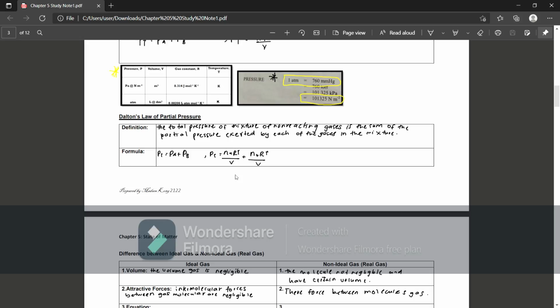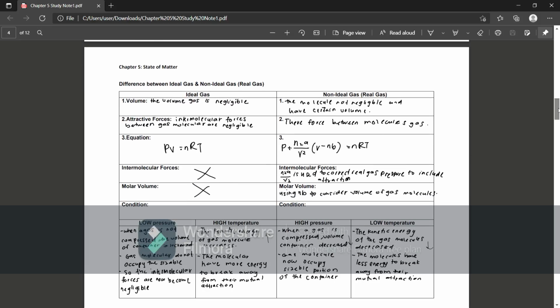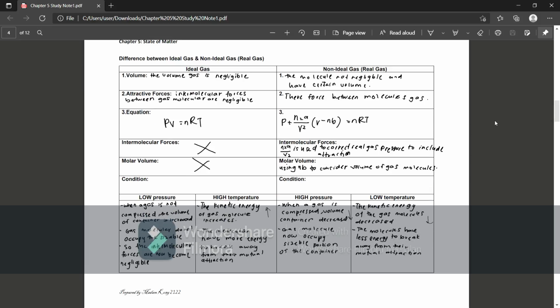And this is the difference between ideal gas and non-ideal gas. For an ideal gas, the volume of the gas is negligible, and for a non-ideal gas the molecules are not negligible and have certain volume.